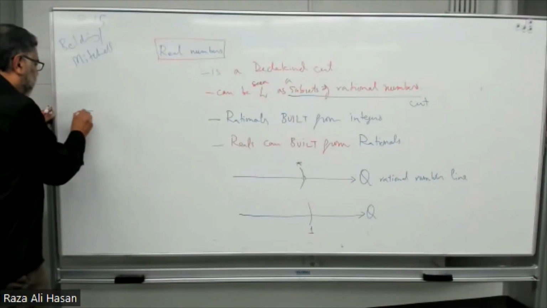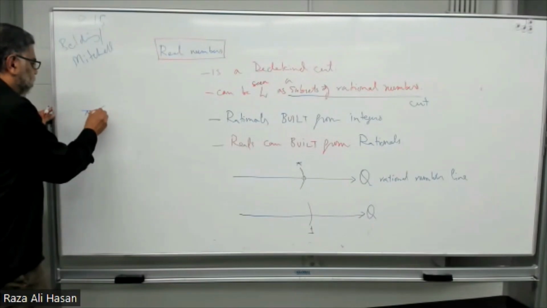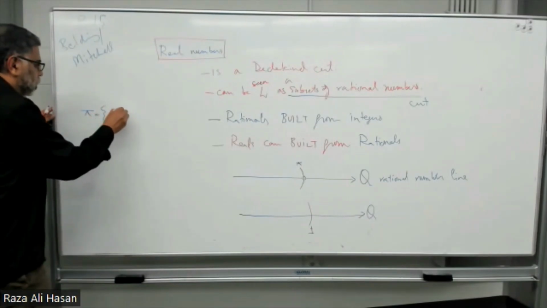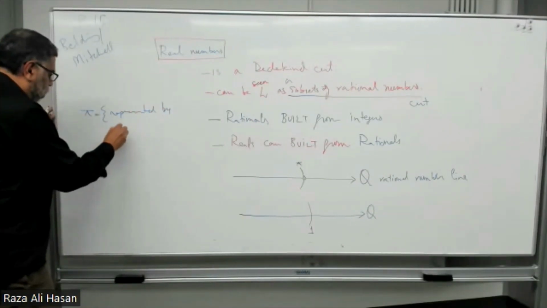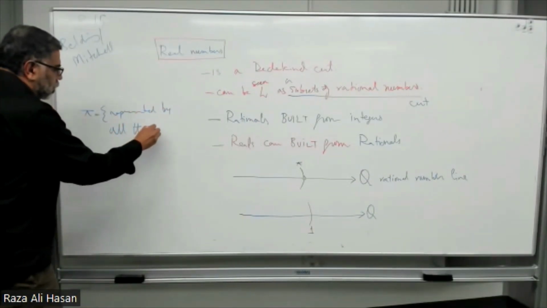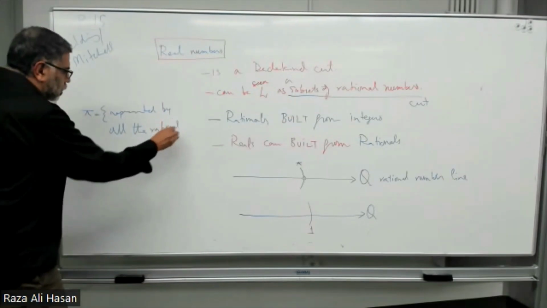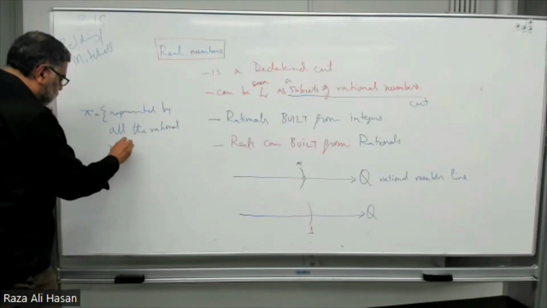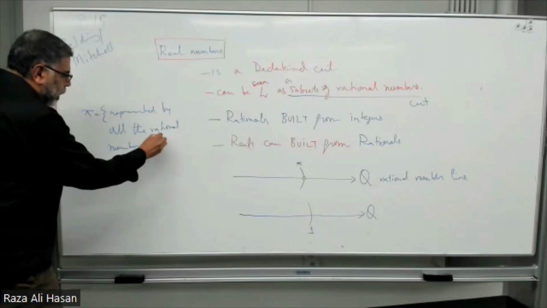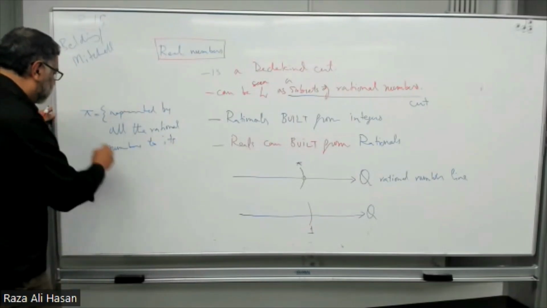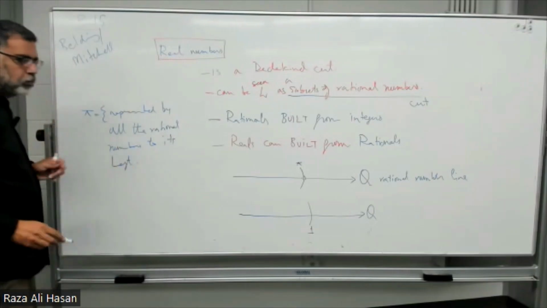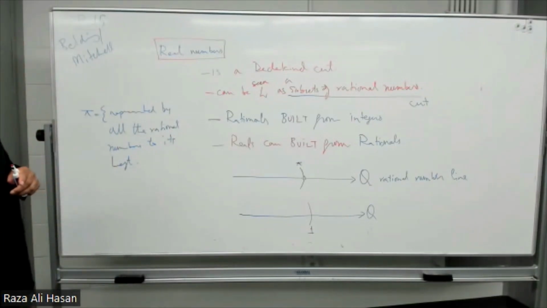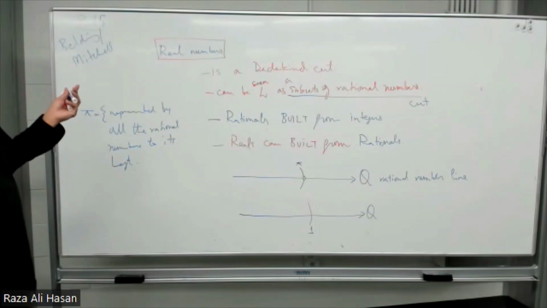So pi can be represented by all the rational numbers to its left, including negative numbers as well.